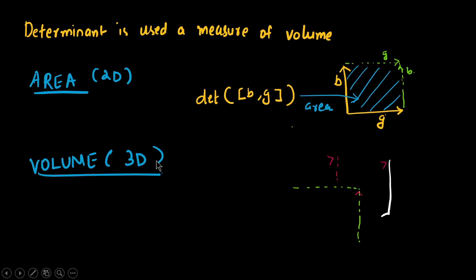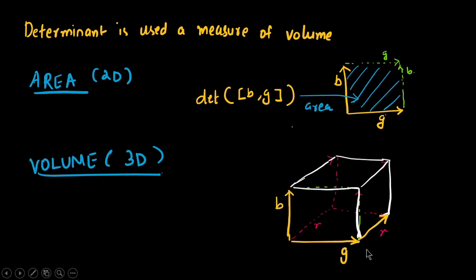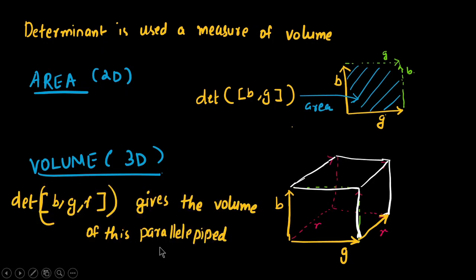And when it comes to three-dimensional space, it is volume. So we have three vectors B, G, and R. So three vectors, let them be the basis. Then when we find the determinant of the matrix representing B, G, and R, we'll get the volume of this parallelepiped.